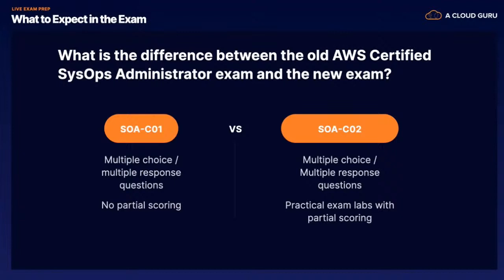With the exam labs, you do get partial scoring, which is fantastic. If you look at the tasks and think, I know how to do part of it but not the whole thing, just try to do the bit that you know, and you will still get some partial marks. So it's definitely worth trying, even if you don't think you know how to do everything.